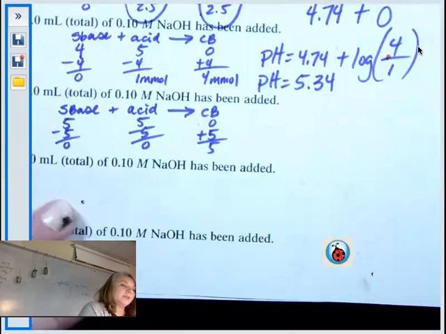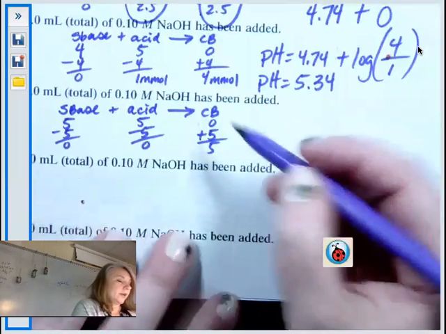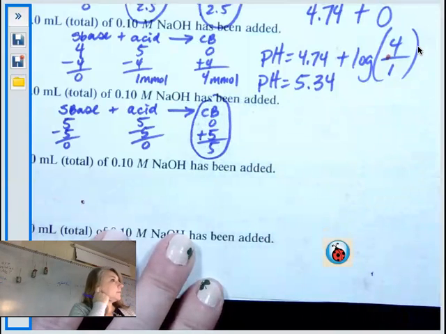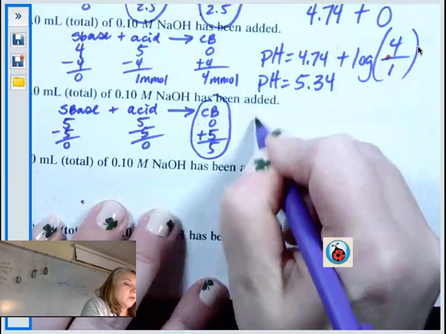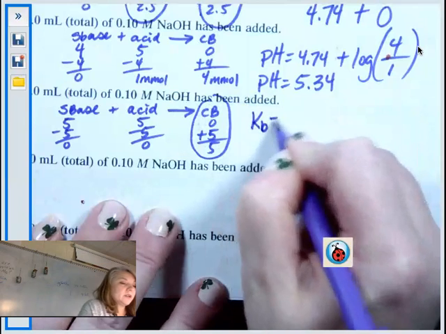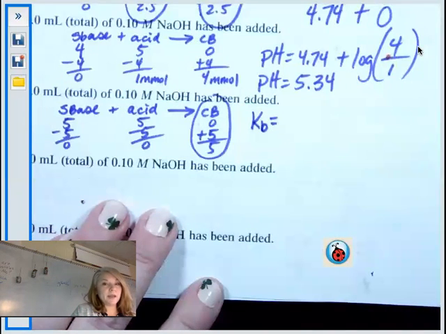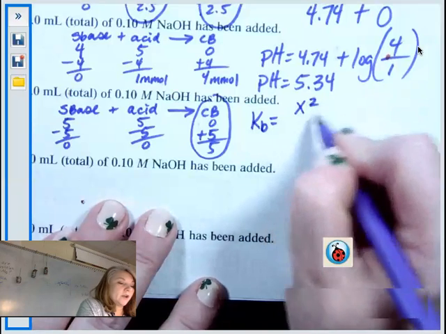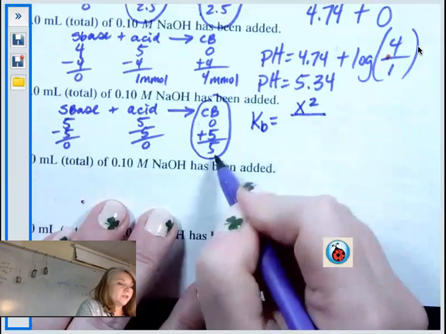Would you agree that we have just conjugate base in here? And that conjugate base is a stronger base than water, which means our equivalence point will not be at 7. It's going to be a little bit above 7. So don't we need a Kb for this conjugate base since it's a base? And when we plug into x squared over, we do need the concentration.